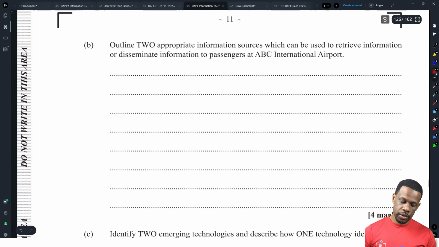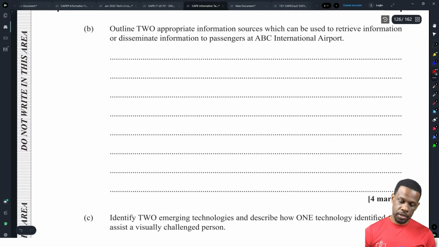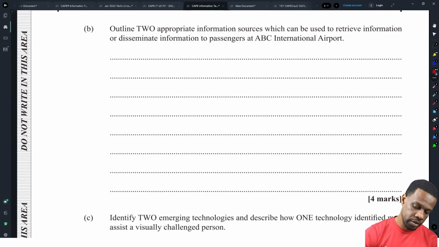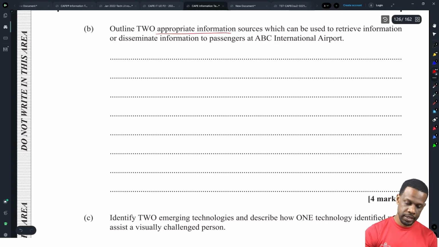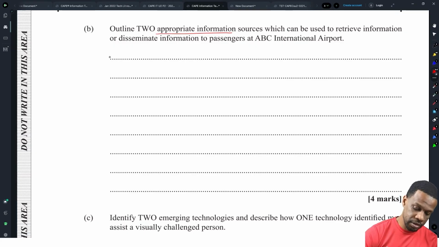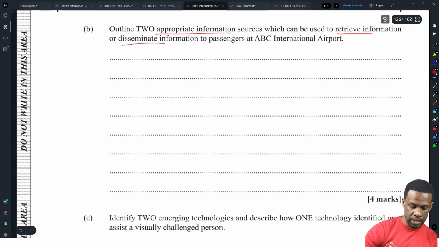Outline 2 appropriate information sources that could be used to retrieve information or disseminate information to passengers at ABC National Airport. Alright, appropriate information sources. Let's say a television. No, that can be used to retrieve or disseminate. Okay, so let's say a TV.